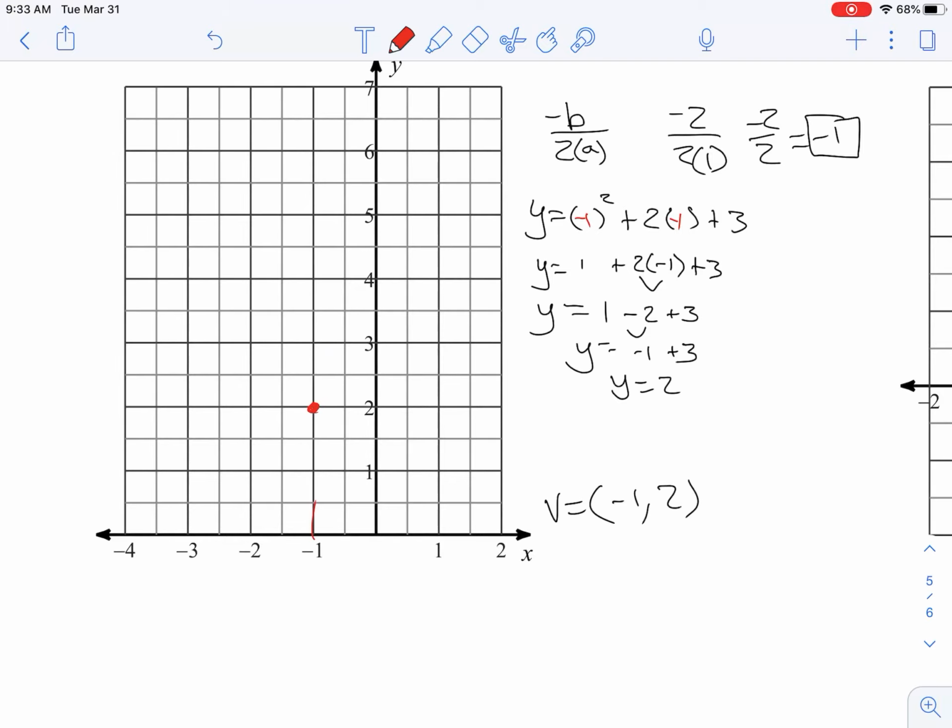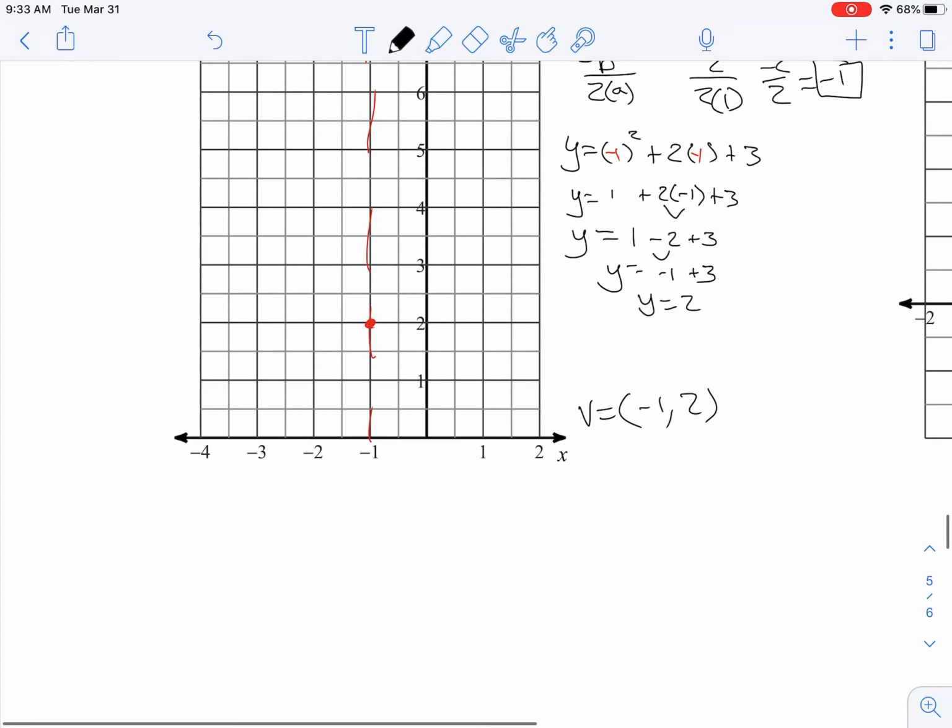Our axis of symmetry cuts through our vertex. And so if I have an xy table, negative 1 and 2 are my first point, and I'm going to build 2 numbers smaller and 2 numbers larger.